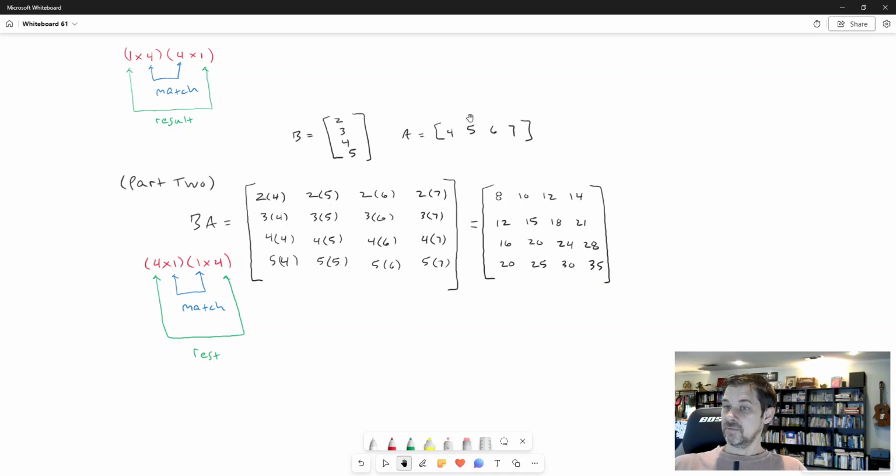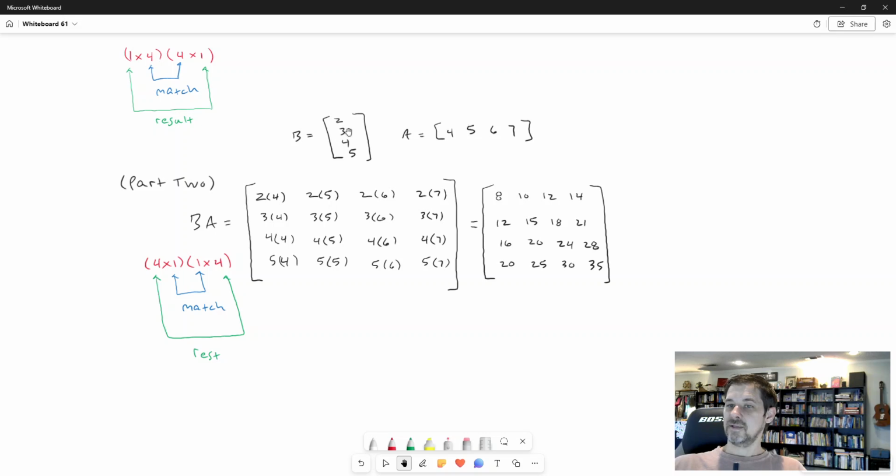Okay, and I continue. What's this column times this row? 2 times 5. What's this column times this row? 2 times 6. What's this column times this row? 2 times 7. All right, and continue. What's this column times this row? 3 times 4.